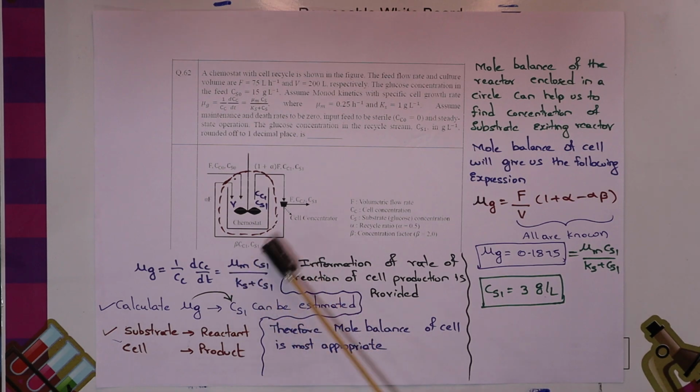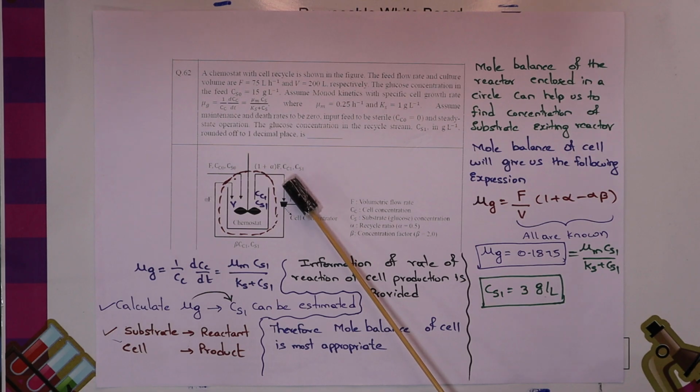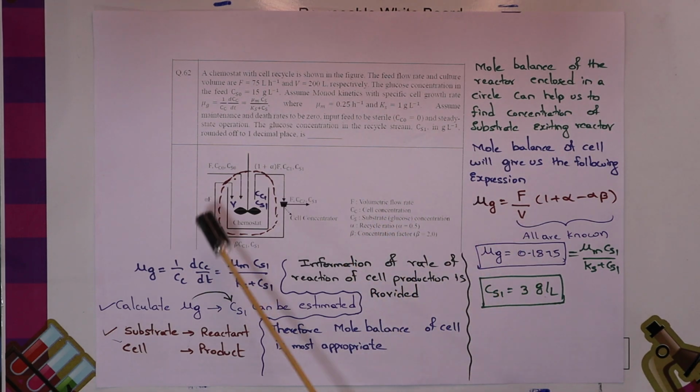How much the cells are concentrated compared to the exit stream of the reactor is beta times CS1. Beta is the concentration factor, and beta is 2. That means after the cells are concentrated, their concentration is doubled compared to what exits the reactor. Given this scenario, we have to find the value of CS1.